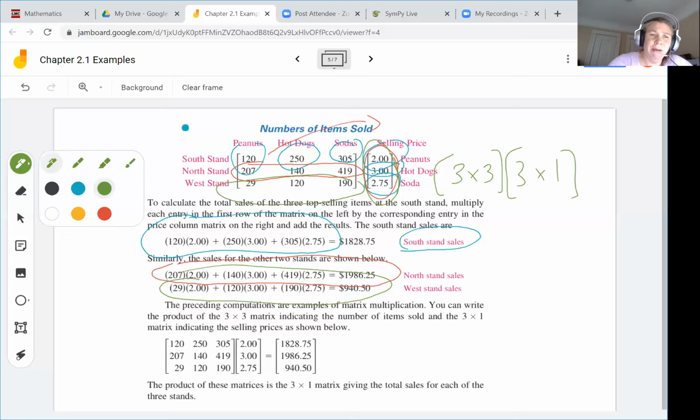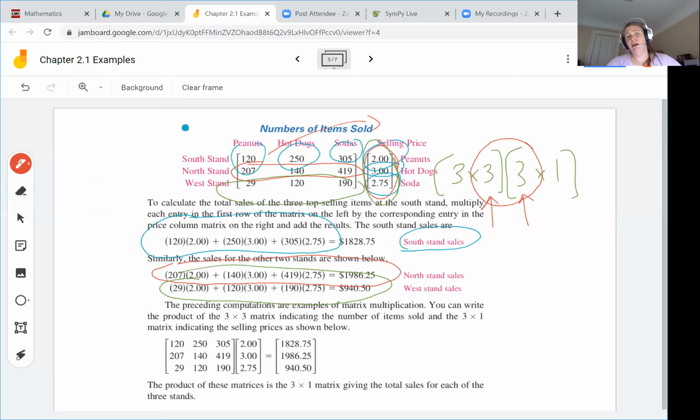And the magic that makes that work is that the number of columns in the first matrix is equal to the number of rows of the second matrix, because of the way the multiplication works here. All right, you could write it out more simply in this form down here.